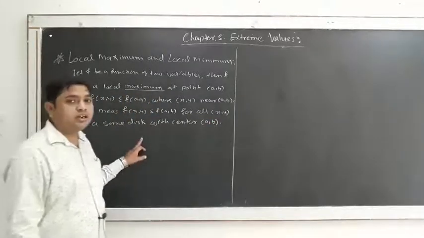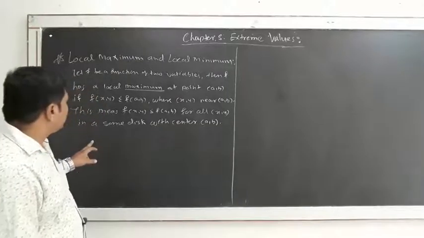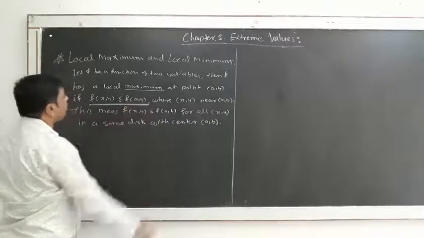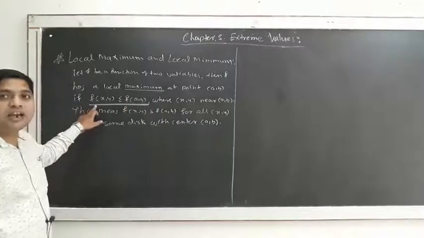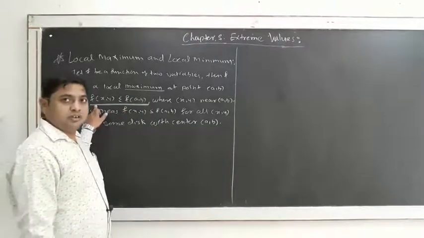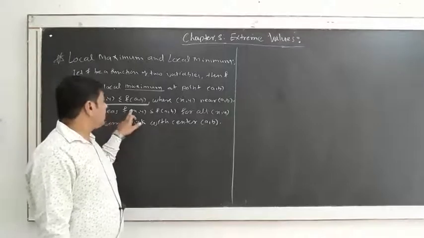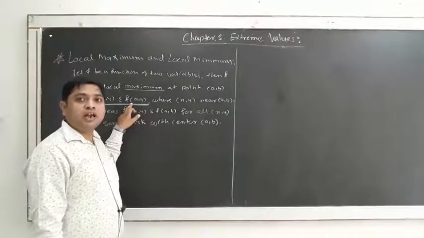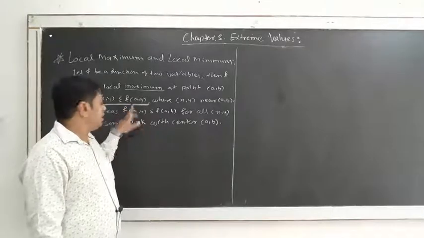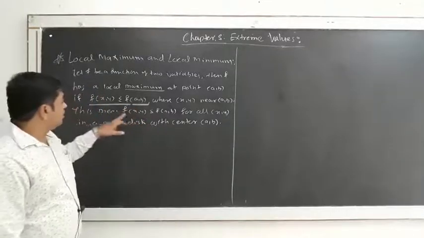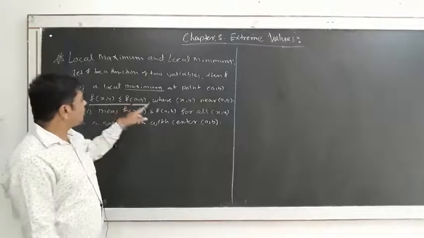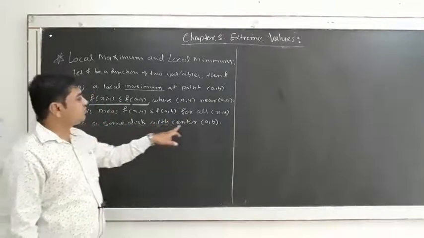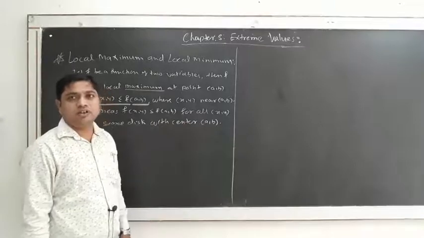What we write here means that the value of the function at all points (x, y) is less than or equal to the value of the function at (a, b), for all (x, y) in some disk with center (a, b).